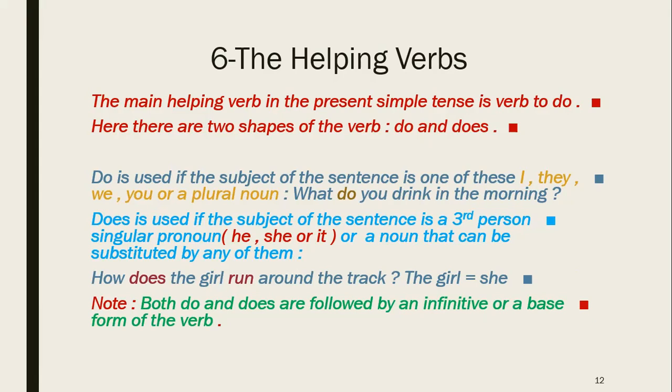I do, they do, we do, you do. But for does, if the subject is a third person singular pronoun or a noun, like he does, the boy does, she does, the girl does, it does, the dog or the cat or the elephant or whatever does.